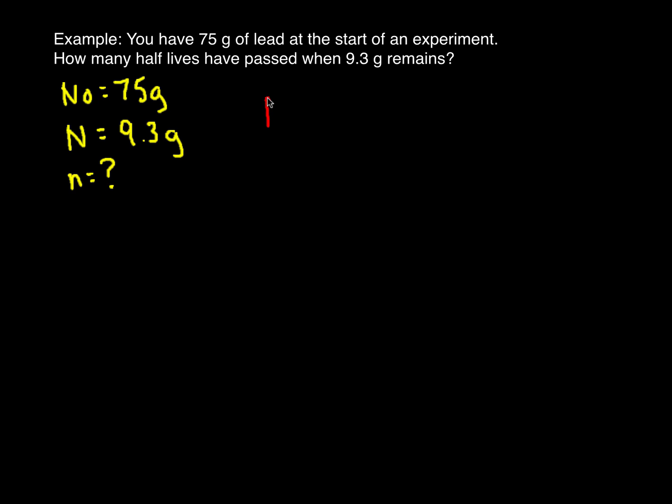So N equals N naught times 1/2 to little n. We start rearranging this for little n. N over N naught equals 1/2 to the n. To solve for an exponent, we need to use logarithms. If we take the log of either side, it will allow us to solve for small n.